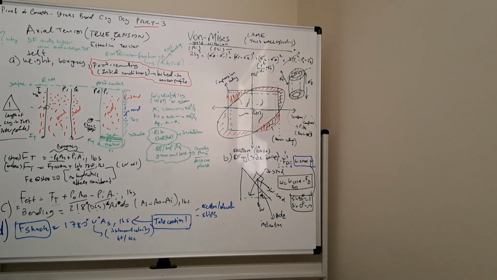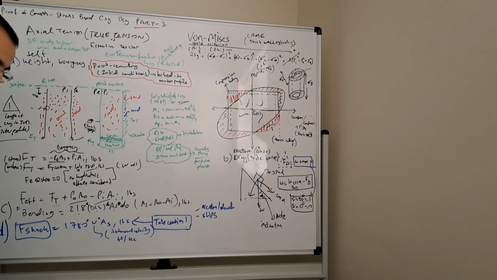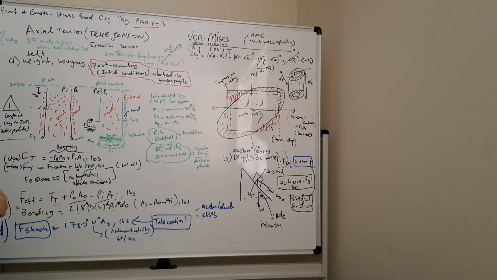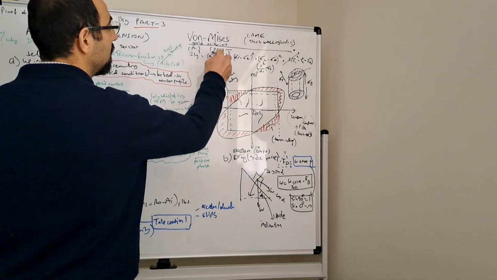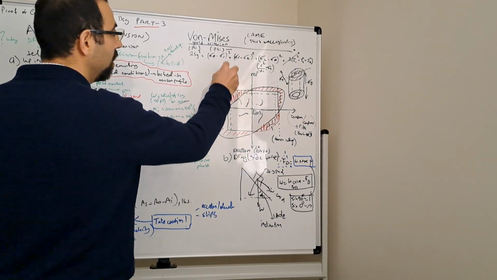So I think this equivalent tension due to bending is highest at the outer wall of the pipe, and von Mises yields can be calculated both on the inner wall and the outer wall.